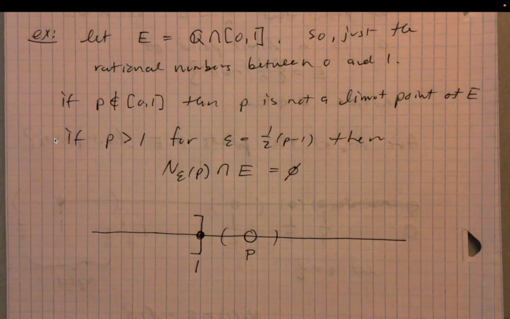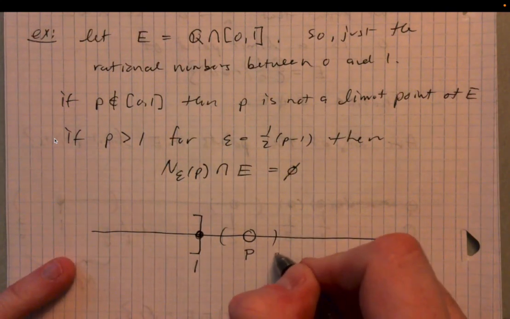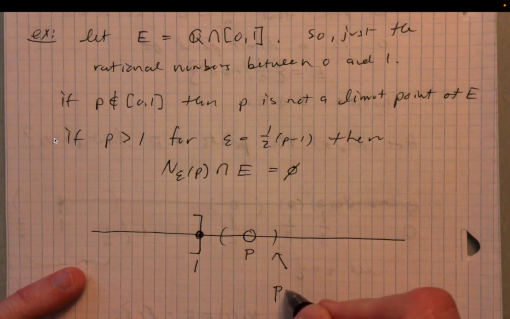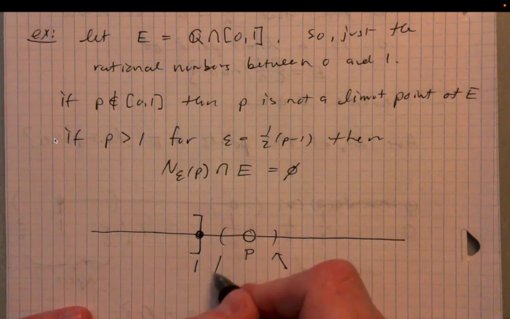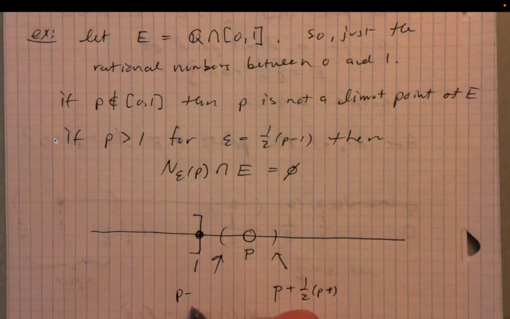Specifically, whatever P happens to be, I can set epsilon equal to 1/2 P minus 1. So this would be P plus 1/2 P minus 1, and this guy down here would be P minus 1/2 P minus 1.